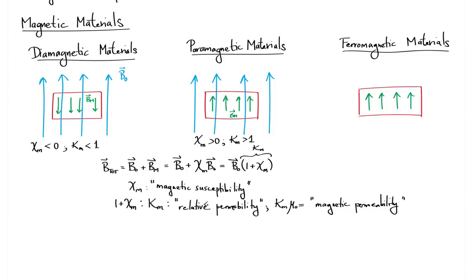Kappa sub m is called the relative permeability. The magnetic permeability is when you multiply kappa sub m by mu naught. Okay, there's a lot of different terms here that basically are all saying the same thing. Personally, I prefer chi sub m, the magnetic susceptibility, because to me it's the most physically significant quantity.